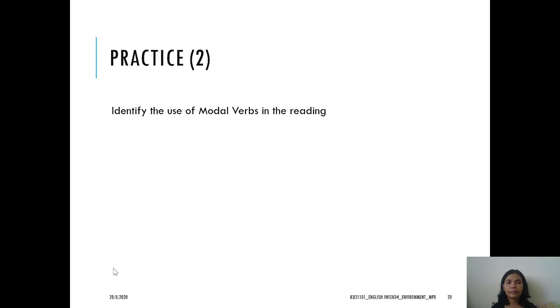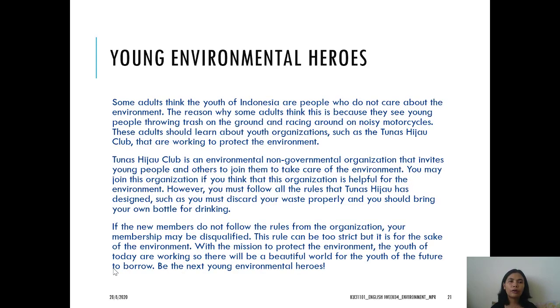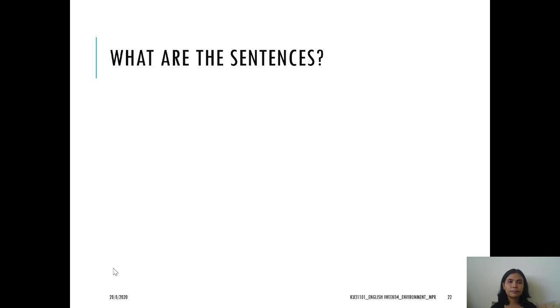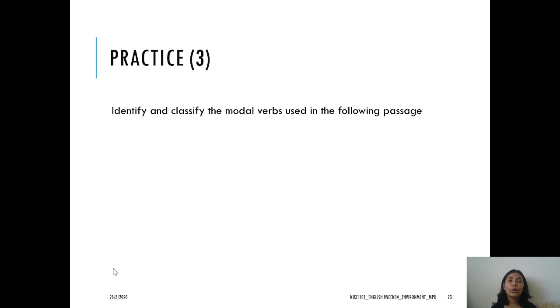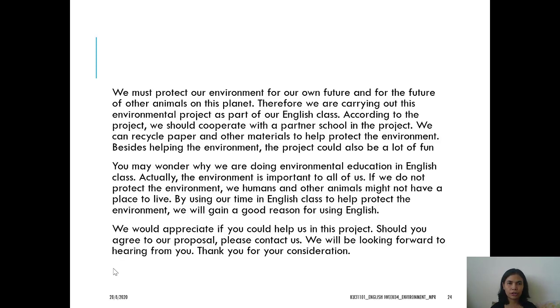Now, for the second practice, what I want you to do is to identify the modal verbs in the reading of Young Environmental Heroes. Okay, only identification first, and after that, once you understand which ones are the modals, for practice 3, I want you to identify and classify the use of modal verbs in the following passage.